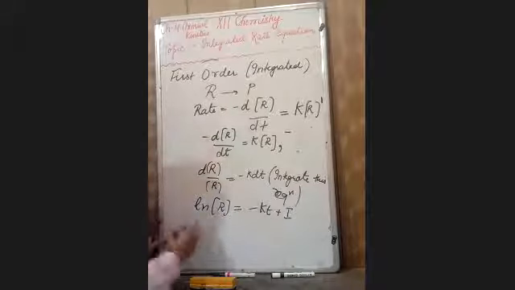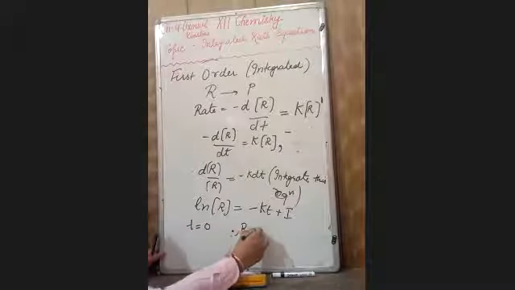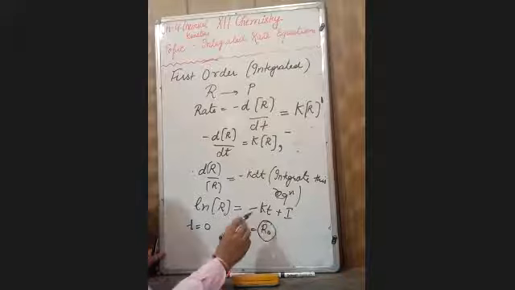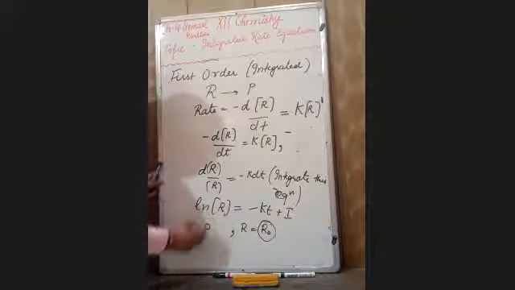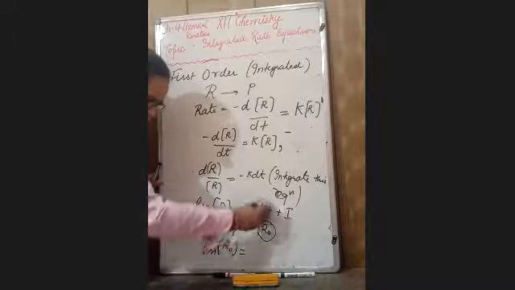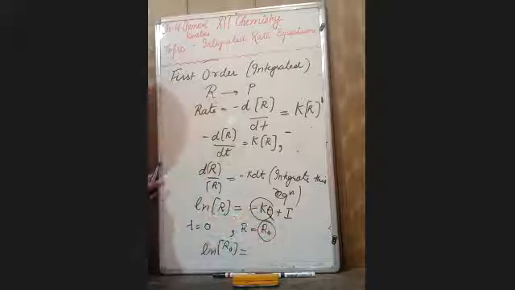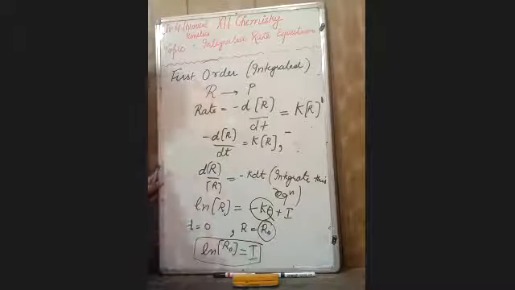Now again, at time t is equal to 0, suppose R is equal to R naught. R naught is your initial concentration. Put this value here: ln R naught is equal to, this term is 0 because at time t is equal to 0, is equal to I. Okay, I is equal to ln R naught.